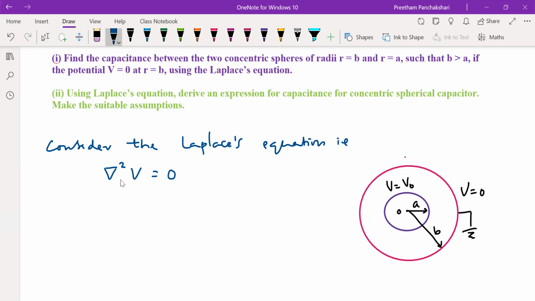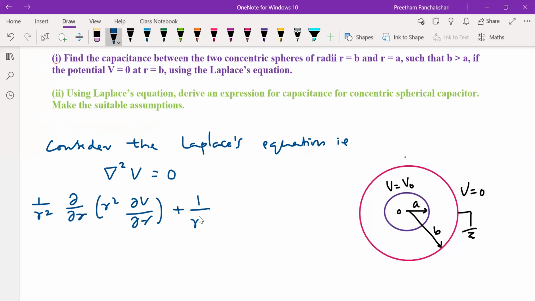The Laplacian of potential V can be expanded in spherical coordinate system. That is, it is given by 1 by r square dou by dou r into r square dou V by dou r. This is the first term of the expansion.